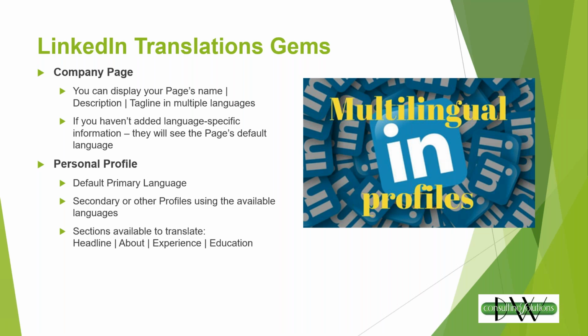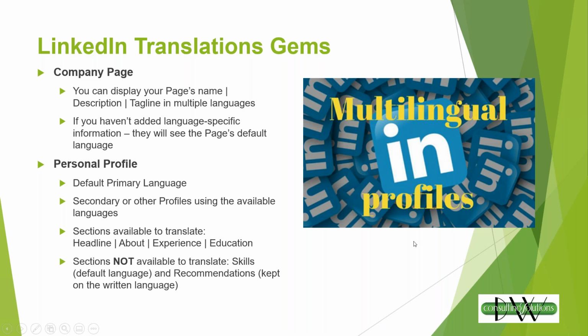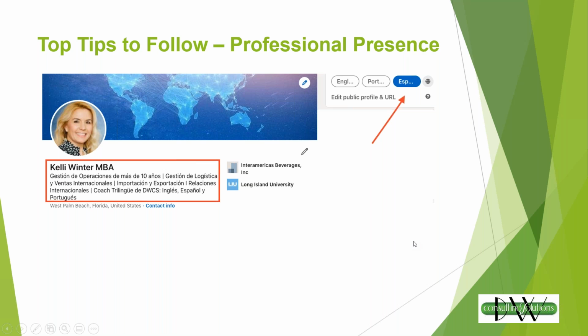It's important to keep in mind that in South Florida, for instance, Spanish is the second most spoken language. Also, viewers from Spanish-speaking countries, once you have your profile in Spanish, for example, will be able to open and read your profile immediately in that language once you have it translated. I'm going to show you on the next slide, for instance, that I have my profile translated.